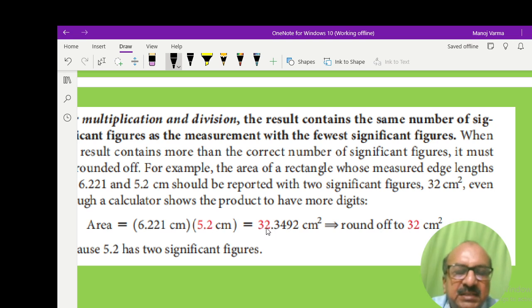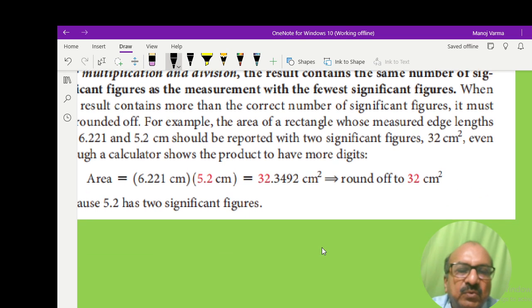So obviously our answer should be just 32, because this 0.3 is less than 5, so it will remain as 32. So our final answer will be 32 centimeters square because of two significant figures, which is the least one.